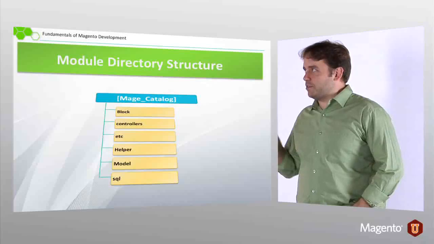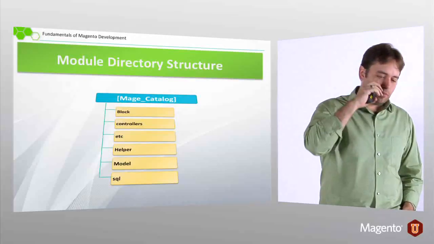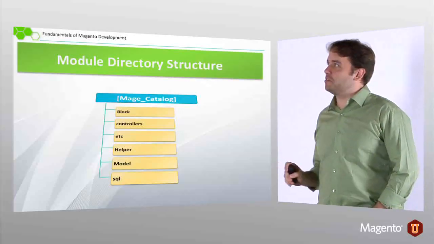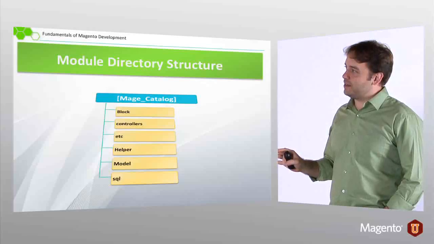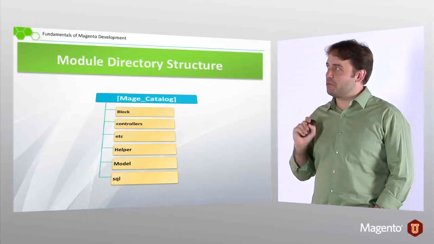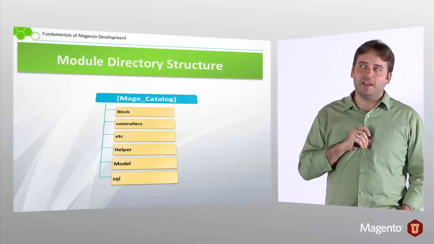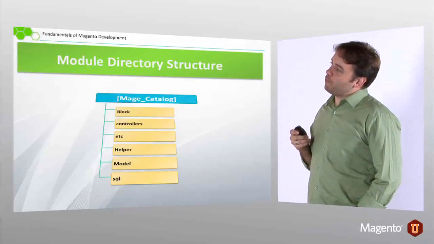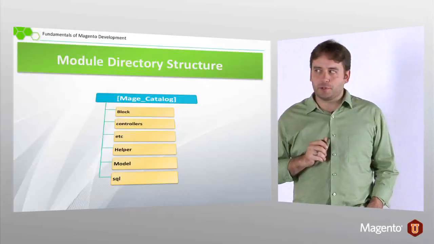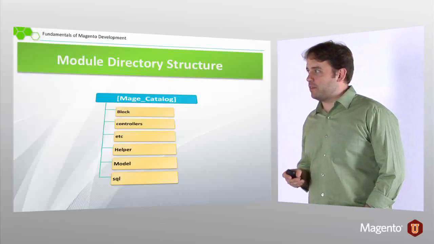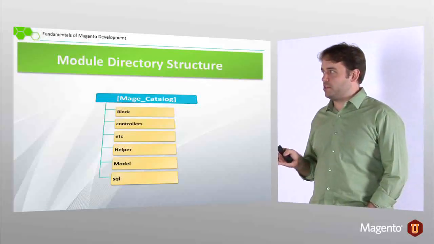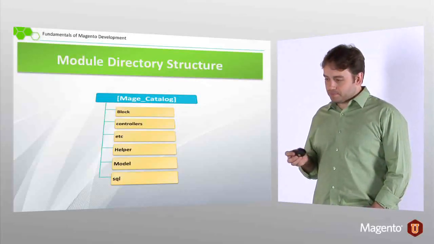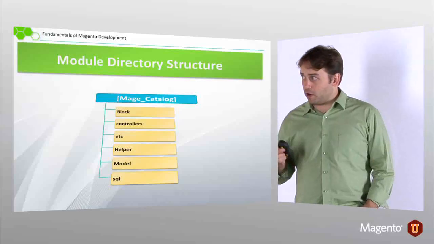It's time to look at what modules look like in the file system, and this is what you'll see pretty much every time you look at a Magento module. For reasons that we'll get into when we look at the autoloader, a few files here are convention-based, and a few are configuration-based.